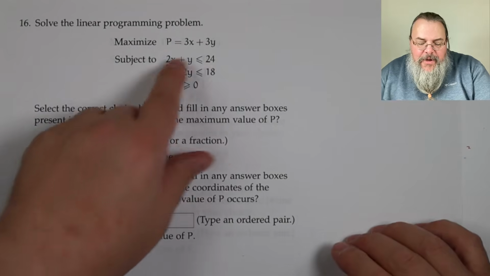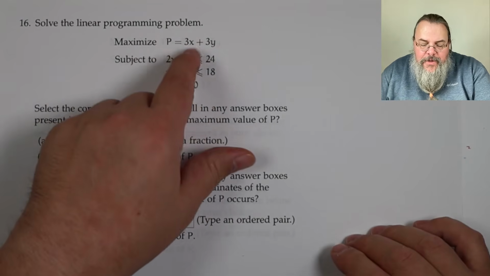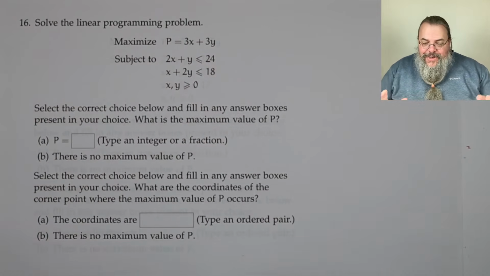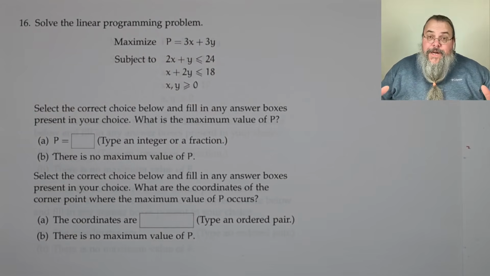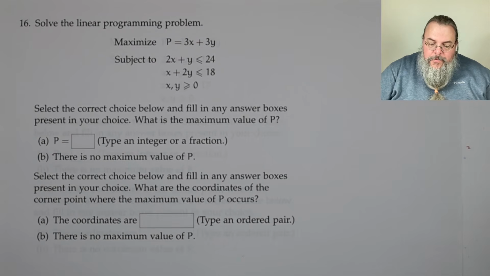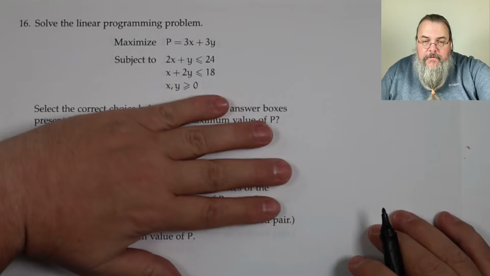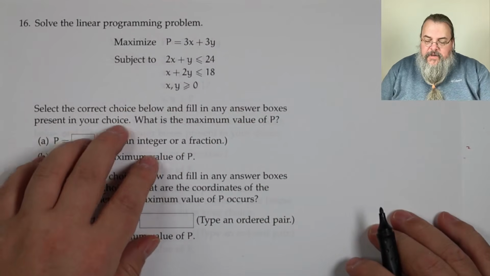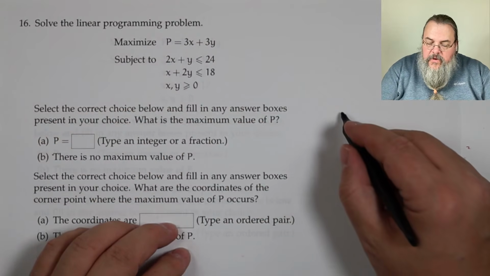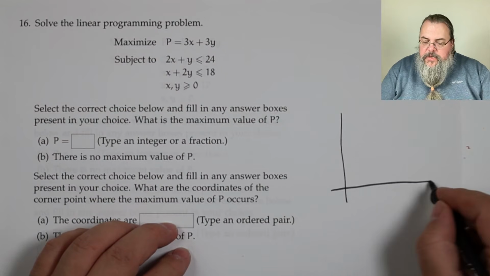And so it says, hey, among all these points, which one does the best? All right. So how do we proceed? Well, I like to do it graphically. And so I'm going to just solve it, and then I'll answer this part down here. So let's do a quick picture here.